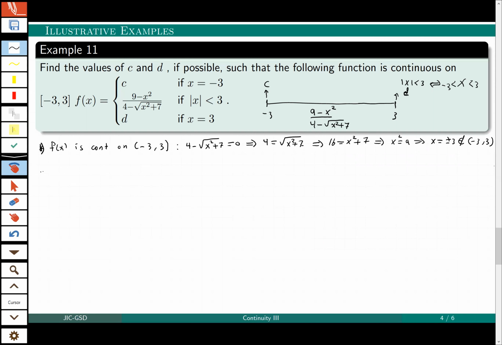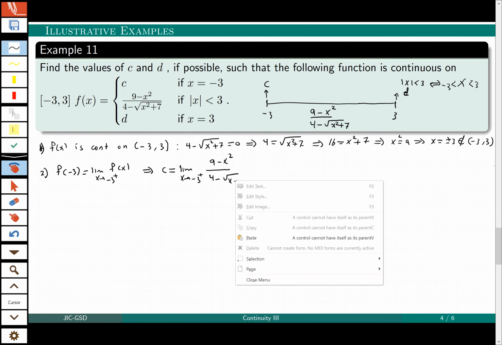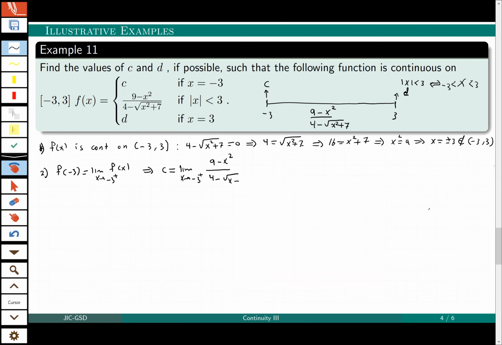That's the first condition. For the second condition, we need the value of the function at minus 3 to equal the limit when x goes to minus 3 from the right. And what does that mean? F at minus 3 is equal to C. C should be equal to the limit when x goes to minus 3 from the right. Our function is 9 minus x squared divided by 4 minus root x squared plus 7.